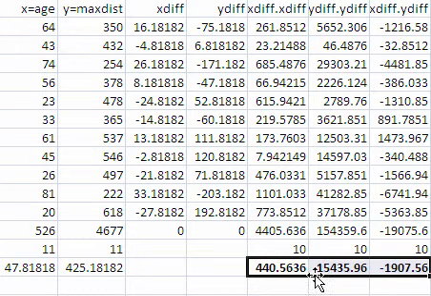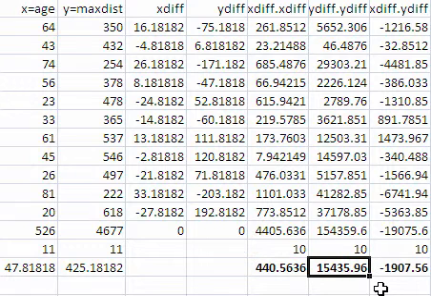Now we have 440 as the variance of age, 1543596 as the variance of distance, and minus 1907.56 as the covariance between age and distance.